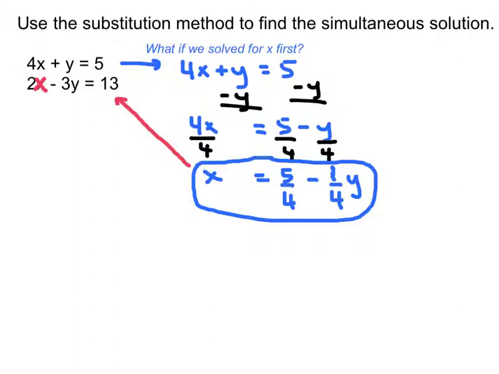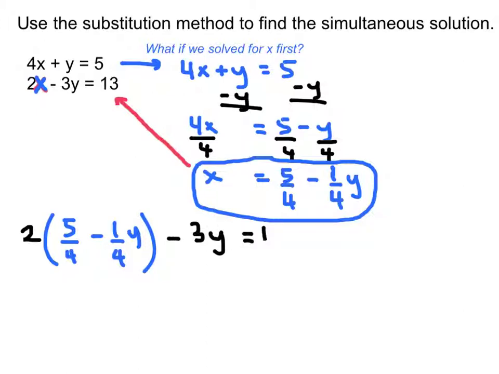That would leave us with 2 times, instead of x, we're going to make sure that we plug in 5/4 minus 1/4 y, minus 3y equals 13. So we are left with an equation in one variable, but we just have fractions.